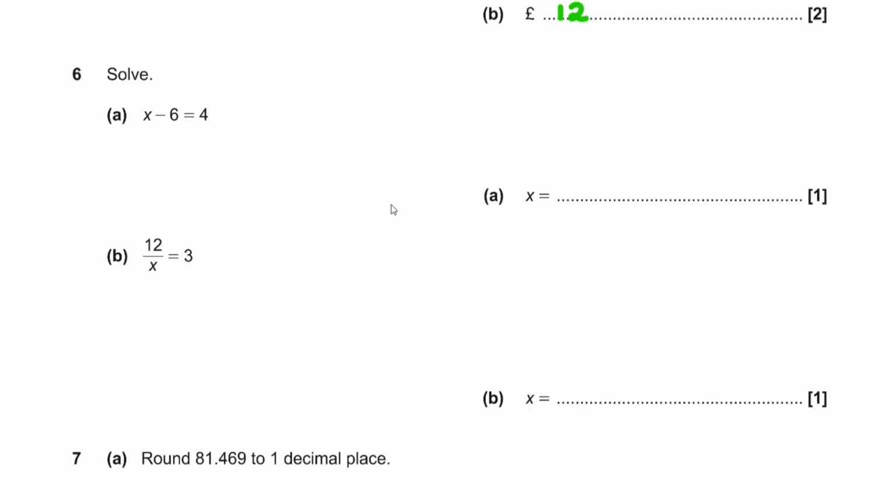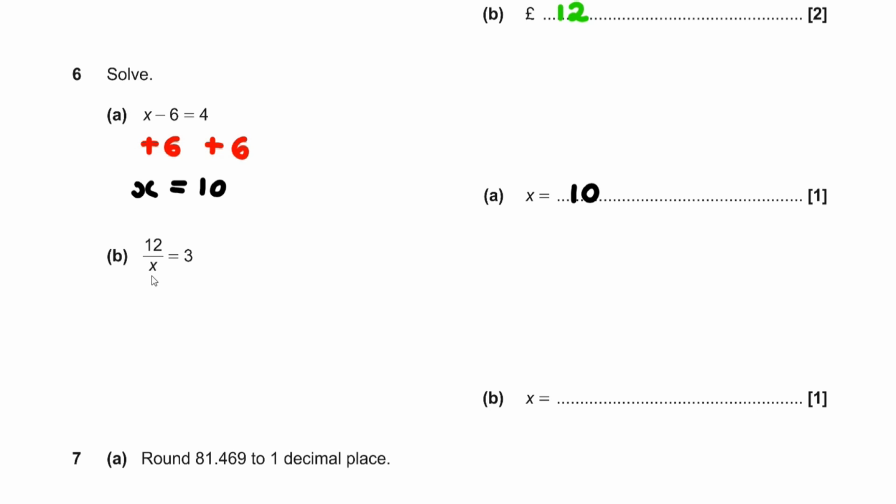Question number 6. Solve part A, x subtract 6 equals 4. So the first thing we need to do is add 6 to both sides, and if we do that, on the left hand side we have x, on the right hand side 4 plus 6 is 10, which means x is 10.